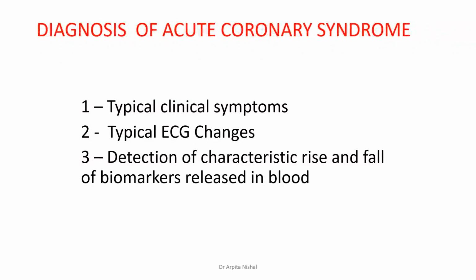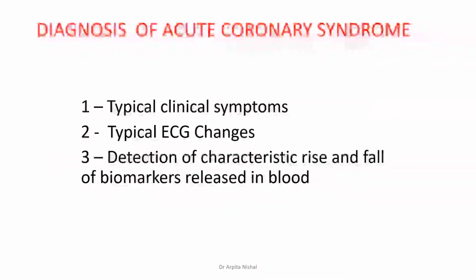Second thing which helps in diagnosis is the typical ECG changes. ECG changes you will be taught in detail in your medicine classes. But in short, ECG helps us to distinguish between STEMI and non-STEMI.